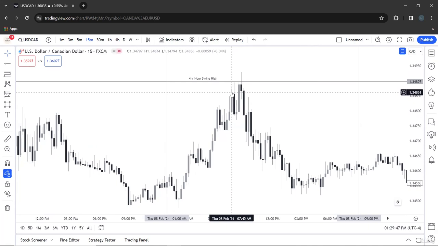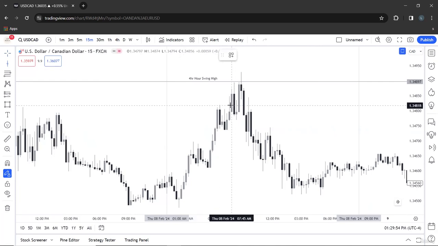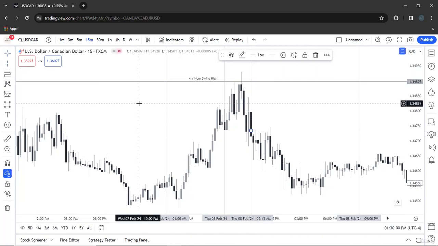It didn't take too long in the day, given that it fell inside of the New York kill zone, 7 a.m. to 10 a.m. New York time. That is when that sweep happened. So I was locked and loaded to get my entry.